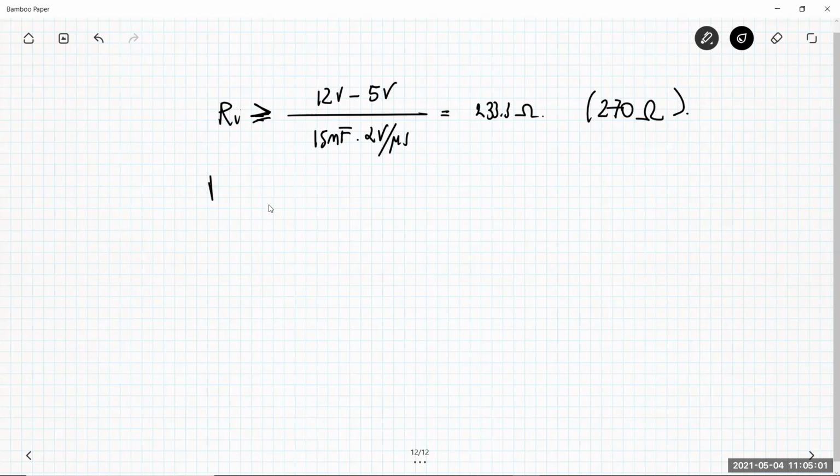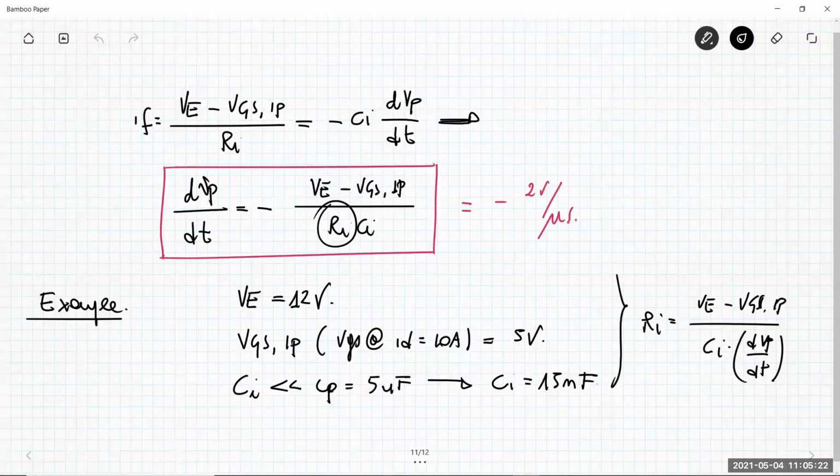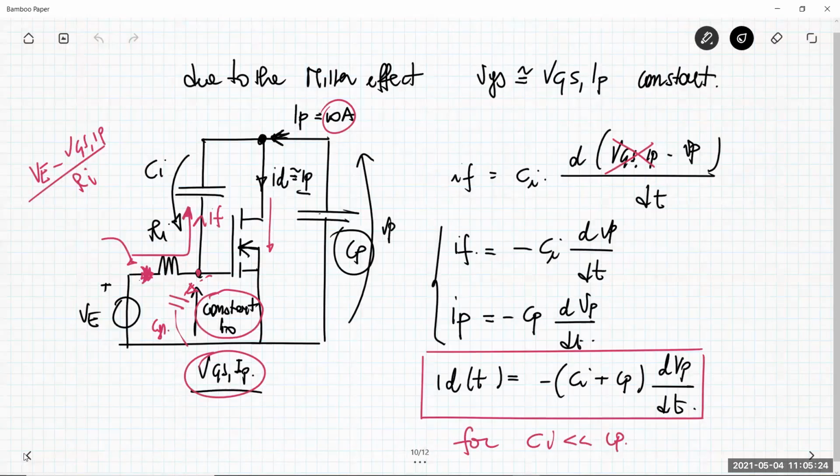The MOSFET should have a drain current which is, let's say, a bit higher than 10 amp, and a voltage VDS which is higher than what? Remember that this transistor is always off.